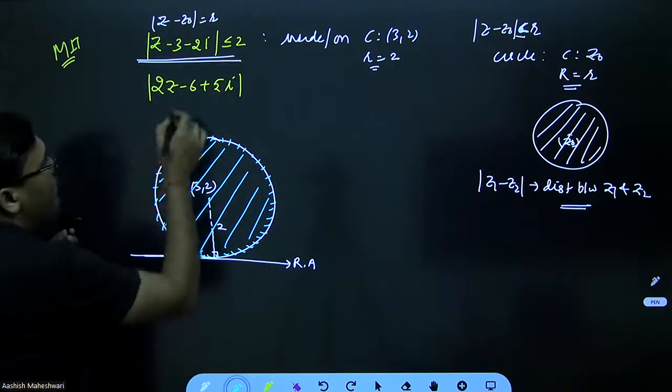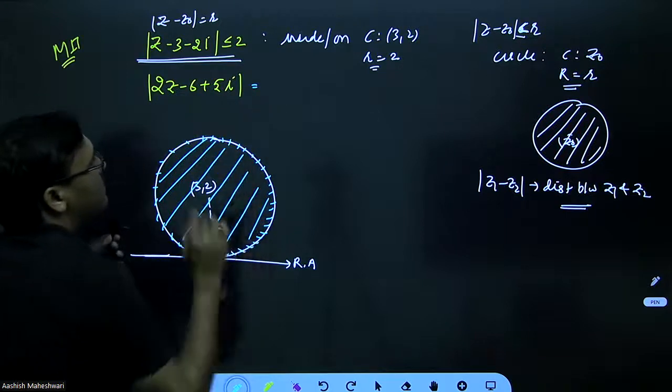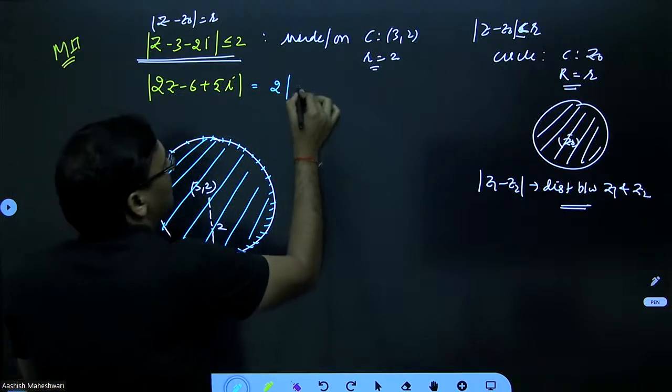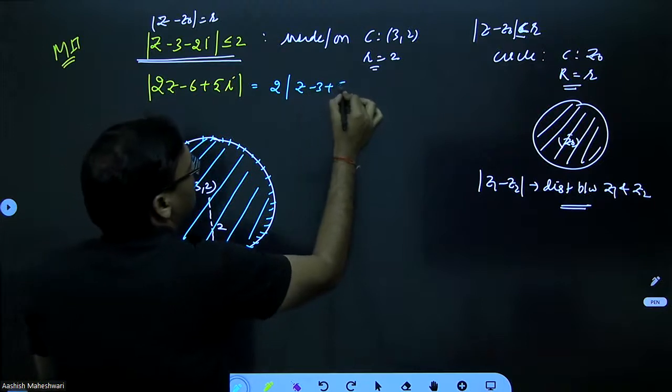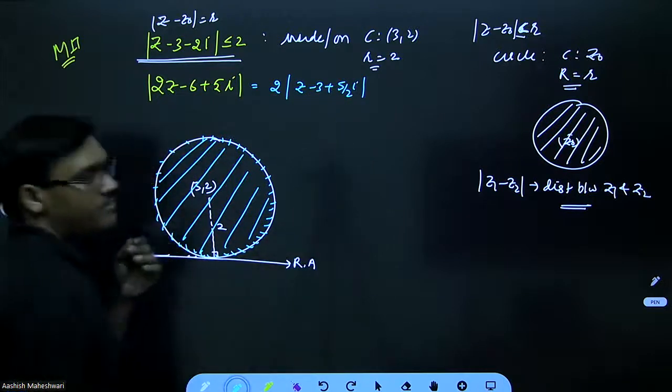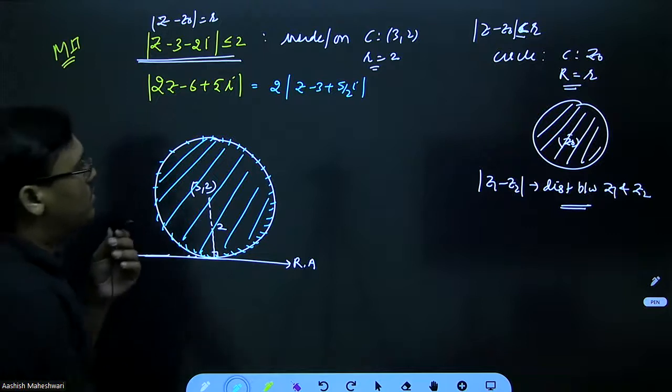Now see, we have to find the maximum minimum value. I can write this is equal to 2 times modulus of Z minus 3 plus 5 by 2 iota. So what is this?